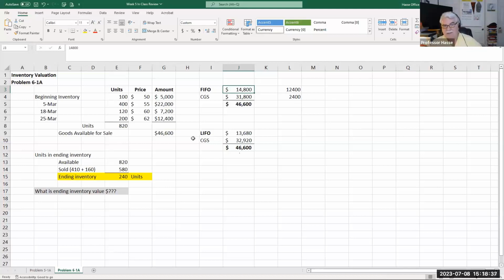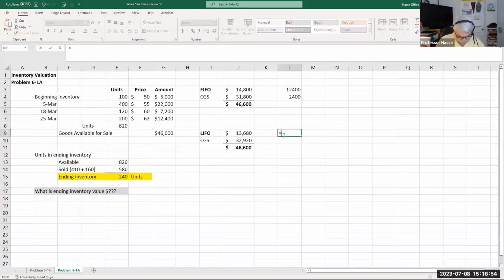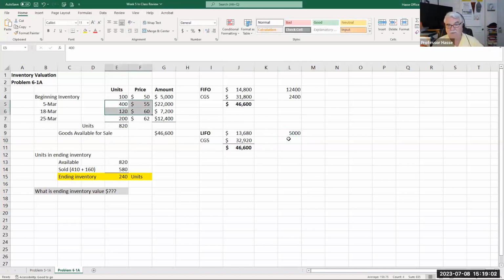Under LIFO, last in, first out, it means all these units are being sold. And what makes up the LIFO inventory is 240 units, 100 units at $50, and 240 units at $55.